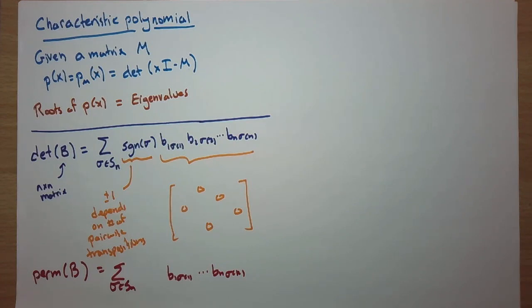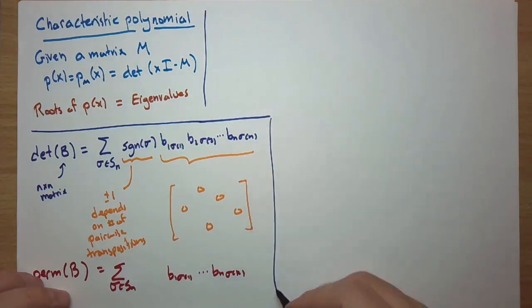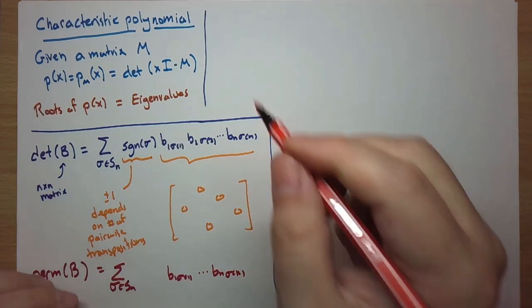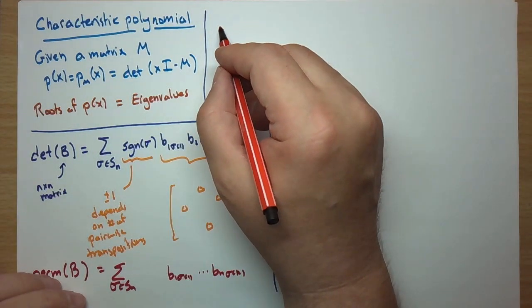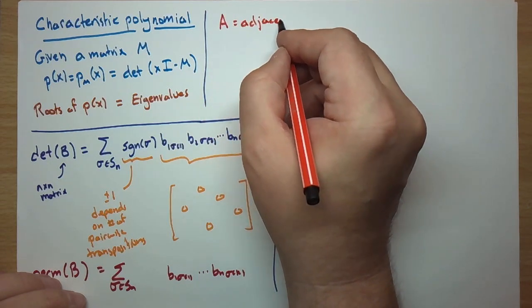All right, now here we've talked about very general things. Let's actually talk about our setting. So for now, we're going to assume that the matrix we care about is A, our adjacency matrix for our graph.